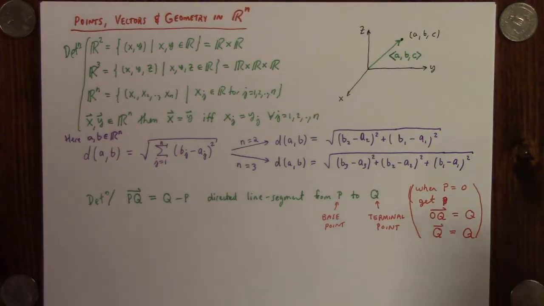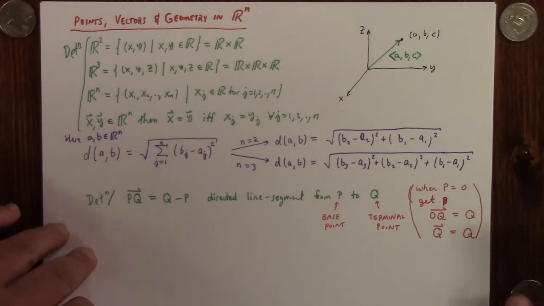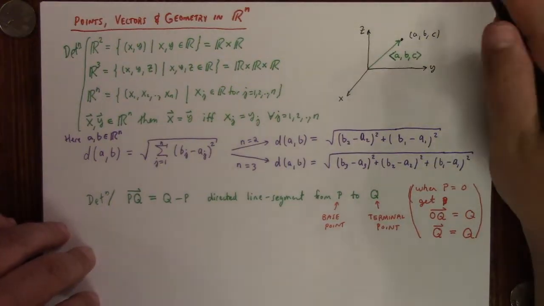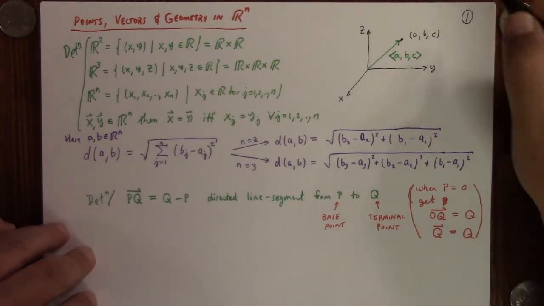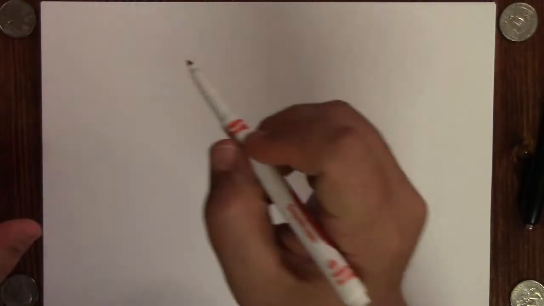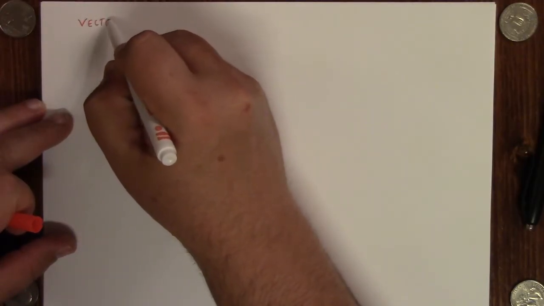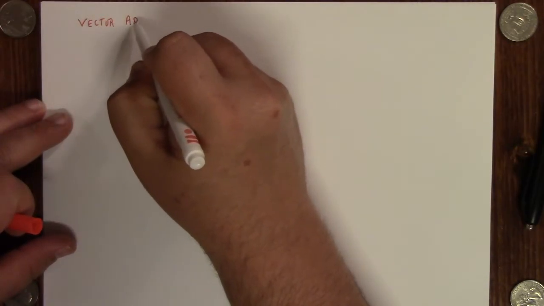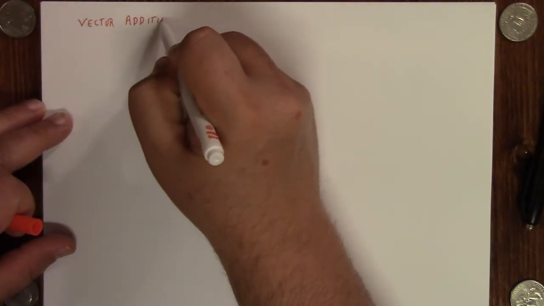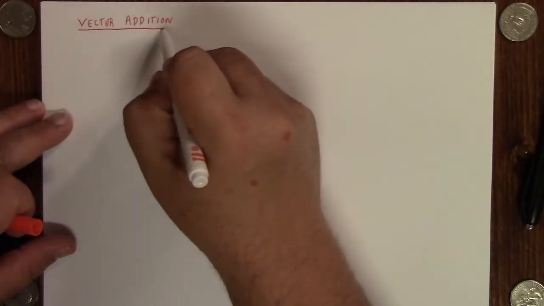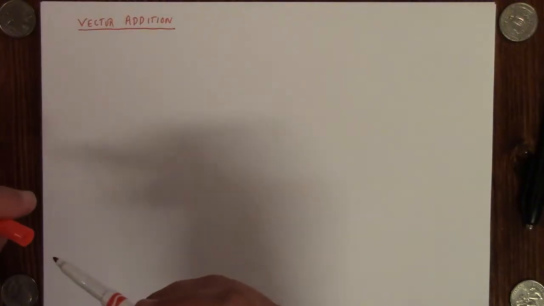So, vector addition. What can we say about vector addition? Geometrically, it's very simple. We add tip to tail.